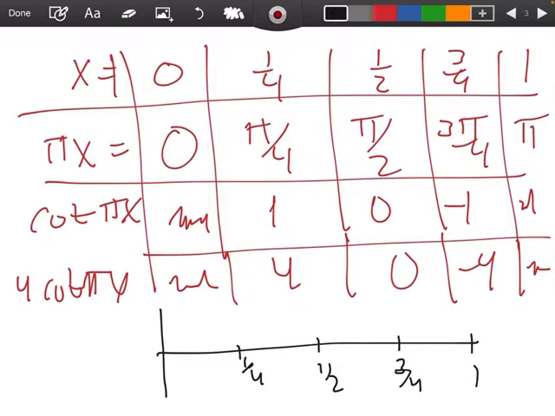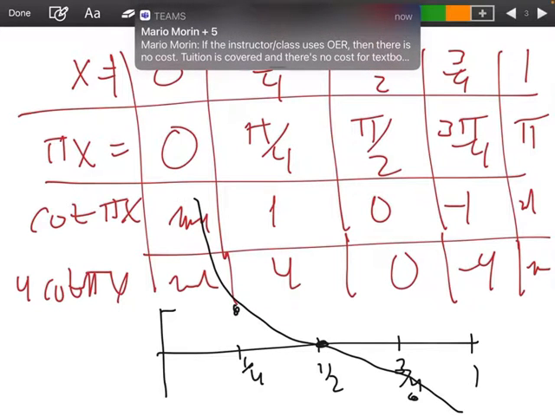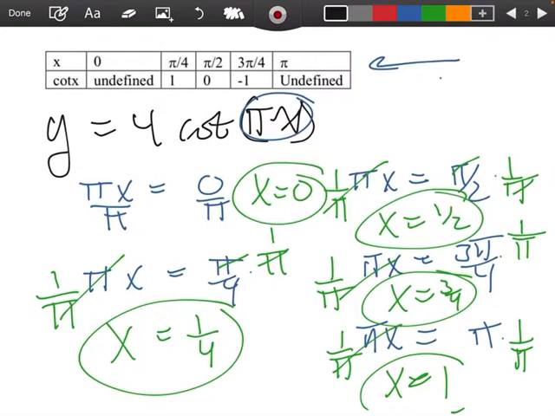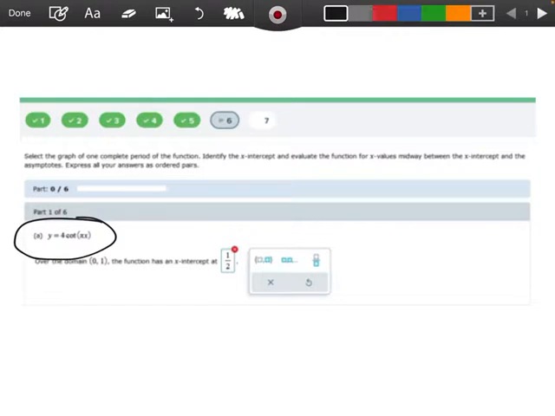And so we know at 1/4 we're going to be all the way up here at 4, and at 1/2 we're going to be at 0, and down here we're going to be at -4, so my graph is going to roughly do something like that. Sorry about that, guys. So right here, here's our x-intercept. But if you notice, the directions tell me to write my answers as an ordered pair. So it's just going to be 1/2 and 0.